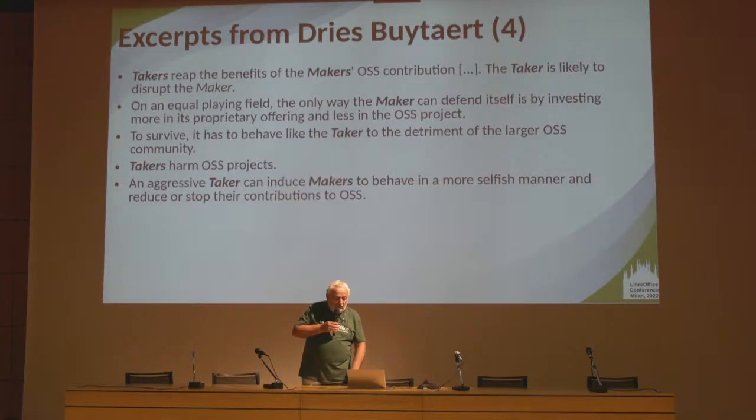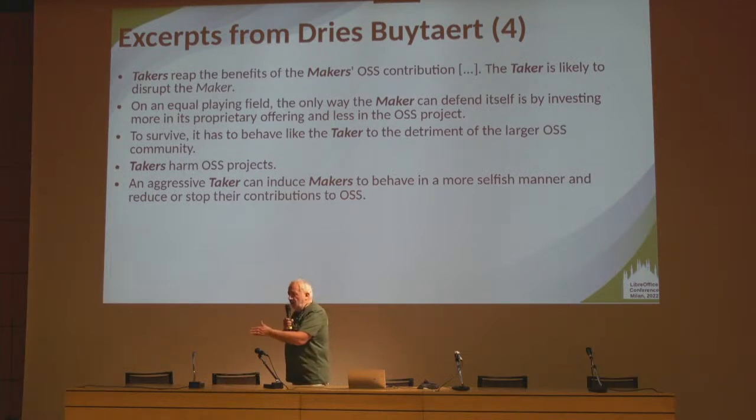And therefore, and that's the final one, this is how makers can defend from takers. Because of course, if you invest 90%, you will have an unfair advantage over a company that is in the same market and invests 50%, because you invest 40% more.